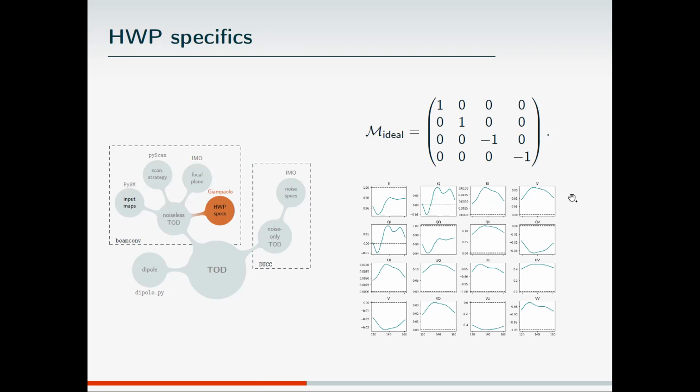So these are the Mueller matrix elements, which are actually functions of the frequency, that we get from what Giampaolo gave us. Again, you see here the frequency dependence that is important to account for, but right now I'm only dealing with one frequency. So I'm just looking at the band center frequency and taking these, just a number, as the Mueller matrix element.